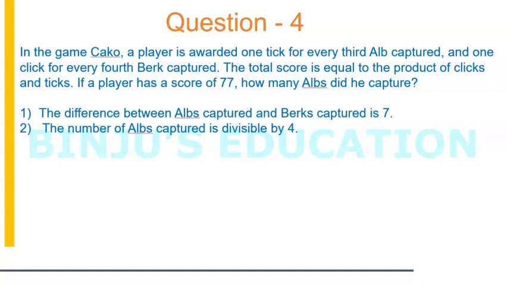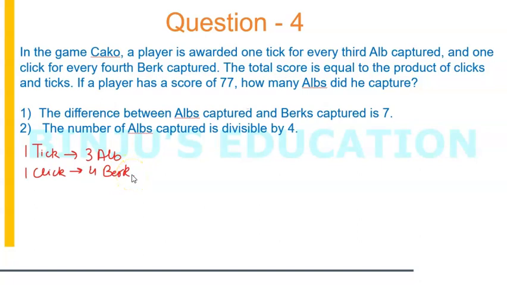Okay, so the question says in the game Kako, a player is awarded 1 tick for every third alp captured. Okay, we have 1 tick for every third alp captured, and 1 click for every fourth book captured.